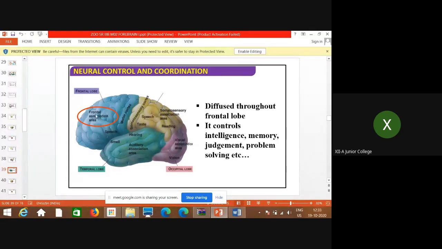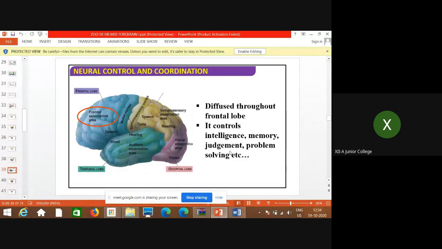That's why this is called the frontal association area. We just discussed three areas: motor, sensory, and associated. The associated area is considered the most important functionally, and it is located here in the frontal lobe. Its role is to control intelligence, memory, judgment, and problem solving ability.